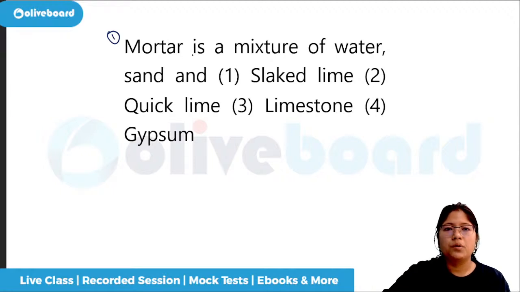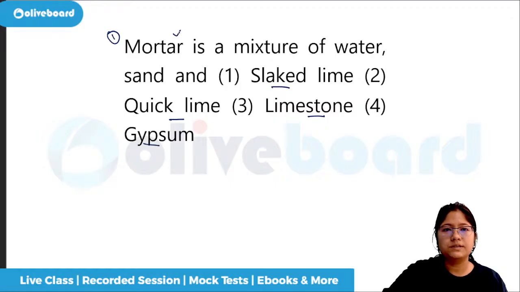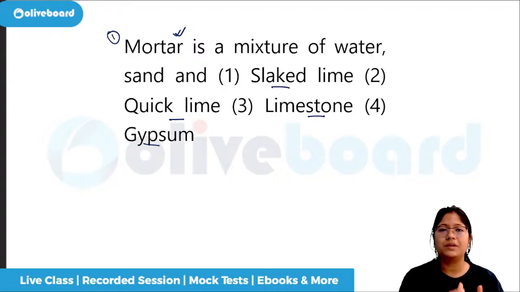Mortar is a mixture of water, sand, and what else? Slaked lime, quicklime, limestone, or gypsum. Now, what is mortar? Just like in welding of iron, we use acetylene gas and do arc welding. In case of aluminium, soldering is done.